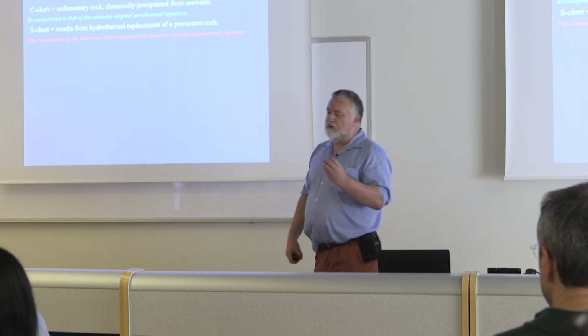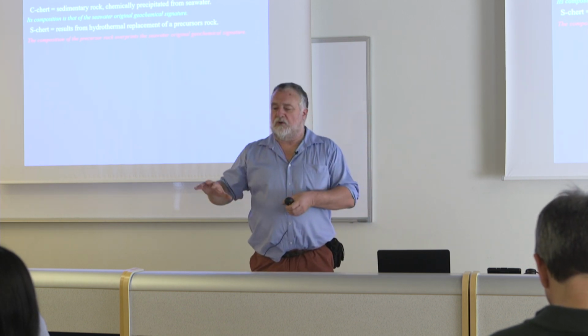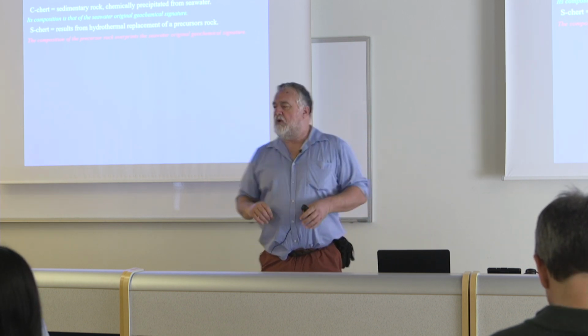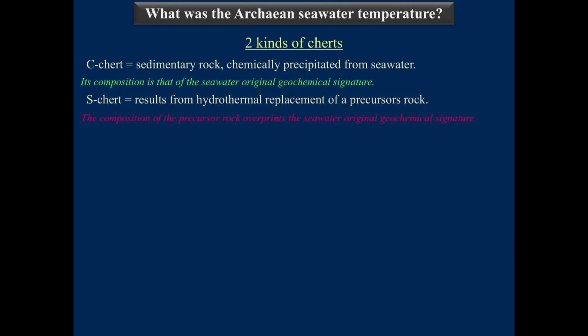This is a hydrothermal replacement of previous rocks. So the water percolates into a rock and precipitates, but there is reaction between the rock and the seawater. So that means that the chemical signature is not necessarily the signature of the seawater. This is some mixing between seawater signature and rock signature.